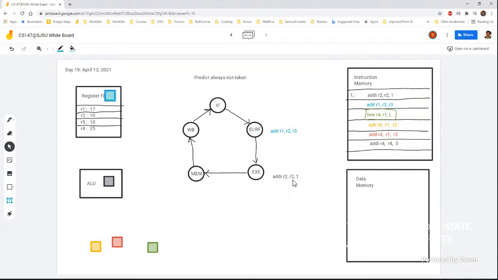Now at this point, the data R2 here is being fetched from the register file, but it has to be updated by this instruction, right? So that means at this point, whatever is fetched from the register file is not the updated value, is not the correct value the program wants to have. So it is wrong, right? Everyone agrees? Any concern or question about that part?